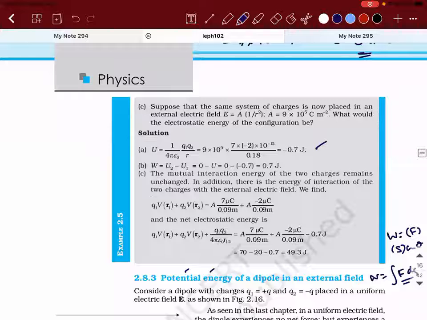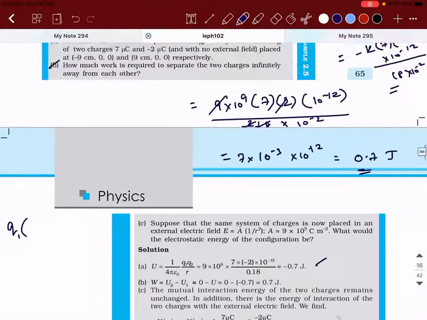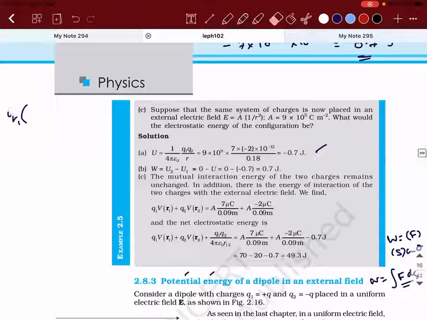Suppose the same system of charges is now placed in an external electric field with values given by this parameter. So E is equal to A into 1 by R square. Now your job is to find the electrostatic potential energy of the configuration. How do you do that? See, there are two places at which the charges are present.